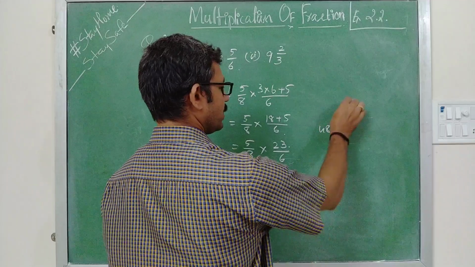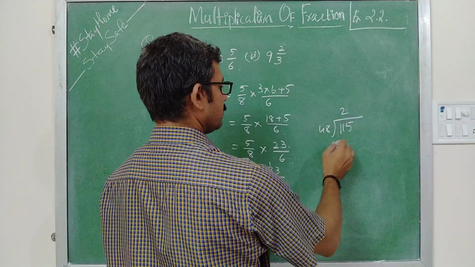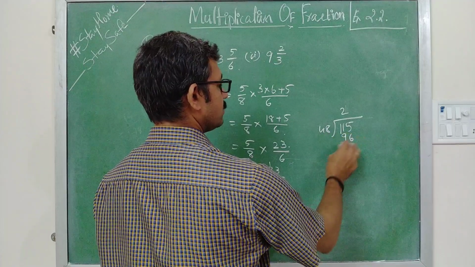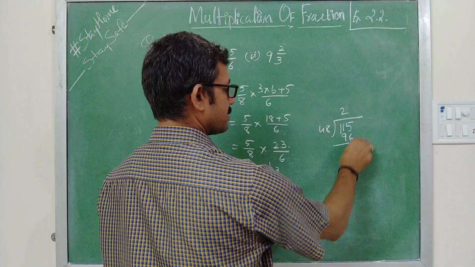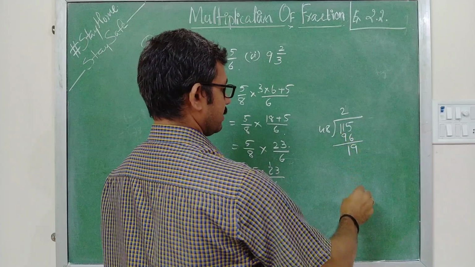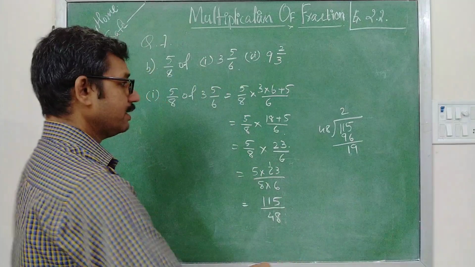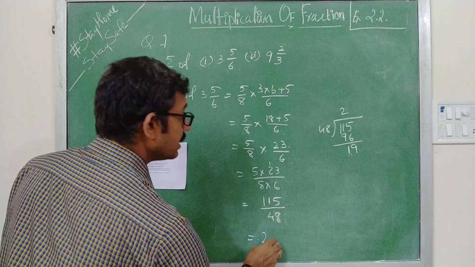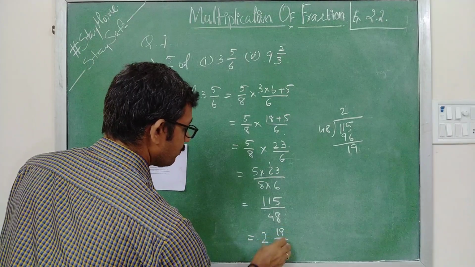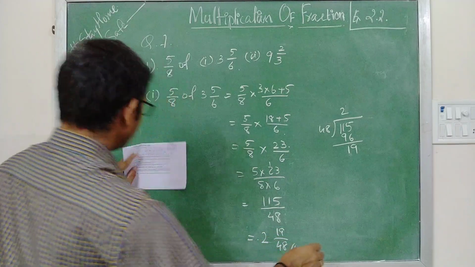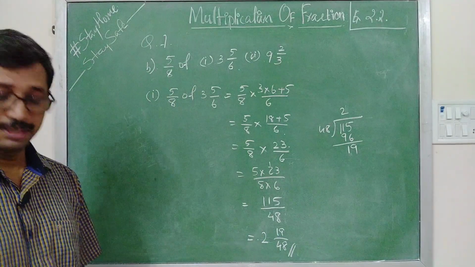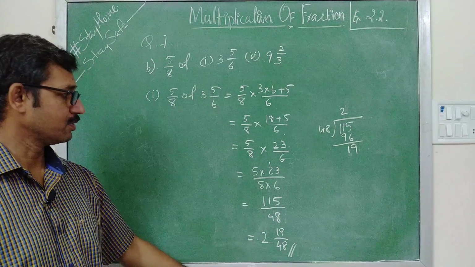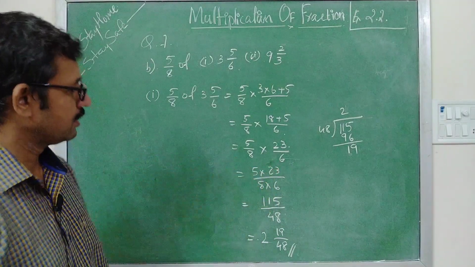You know that 48 twos are 96, so 115 minus 96 is 19. So we can write it as 2 integer 19 upon 48. Got it well? So that is the answer. Understand well? Here, this side use the white.